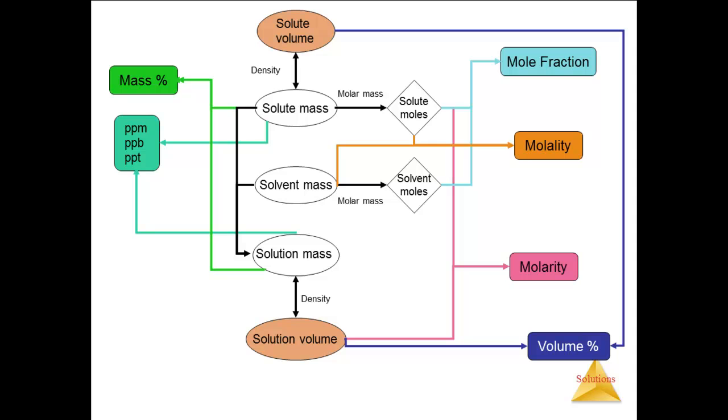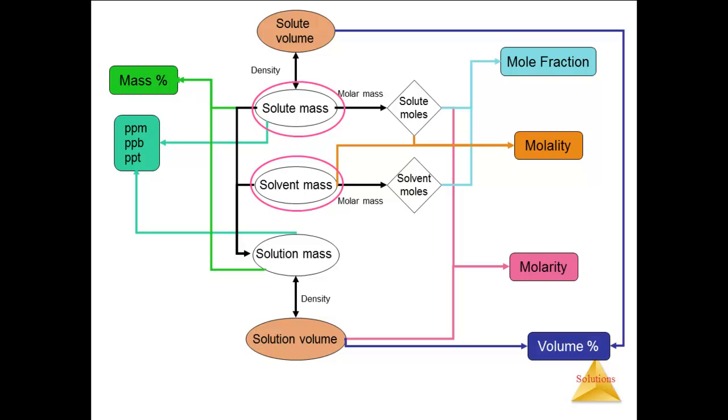For example, suppose we wanted to find the molarity, capital M, of a solution. The diagram shows, with the color pink, that we need to have the moles of the solute and the volume of the solution. But suppose I am not given those quantities. I might have been given the mass of the solute and the mass of the solvent, for example.